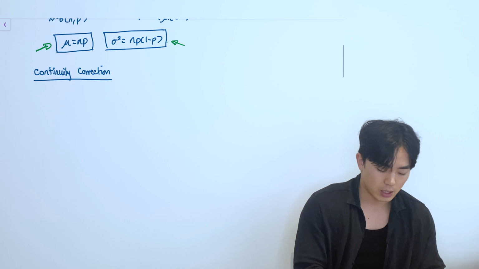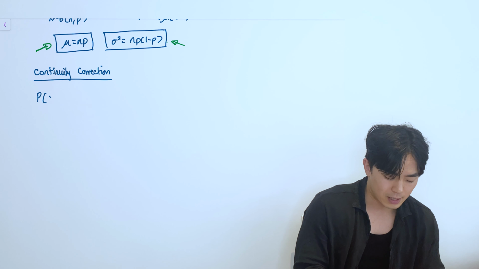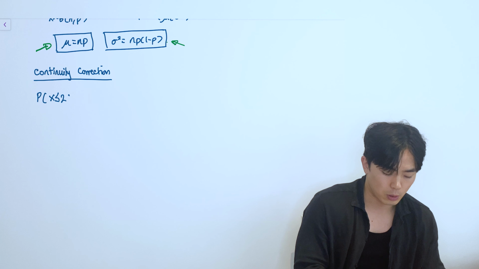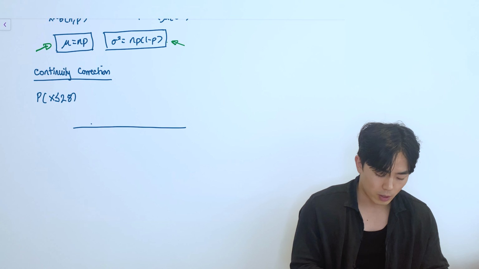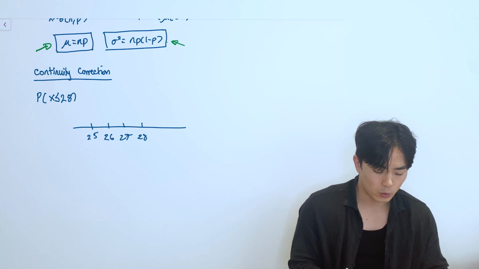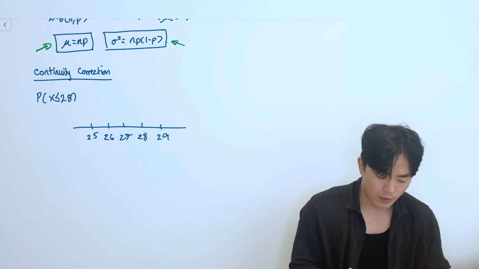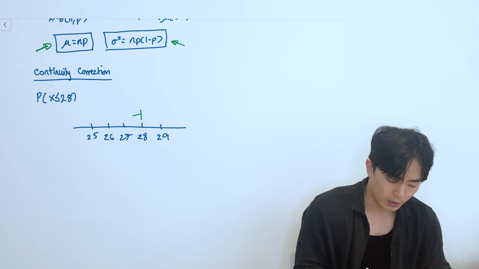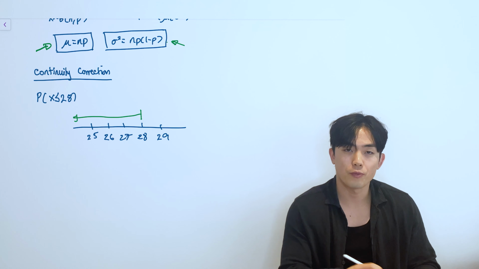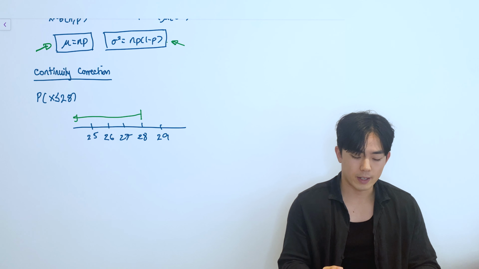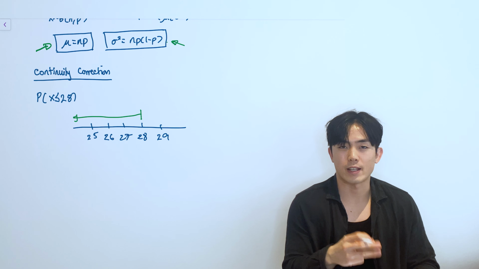An example of this is, say I have the probability that x is less than or equal to 28. So that's what I'm asked to find. If I was to draw a number line, 25, 26, 27, 28, 29, we are asked to find anything including 28 and down. But this is for a binomial distribution. If we're converting to a normal one, remember normal can have decimal places.